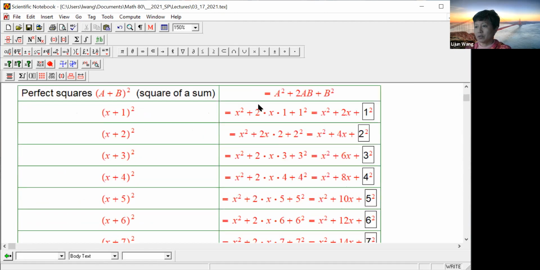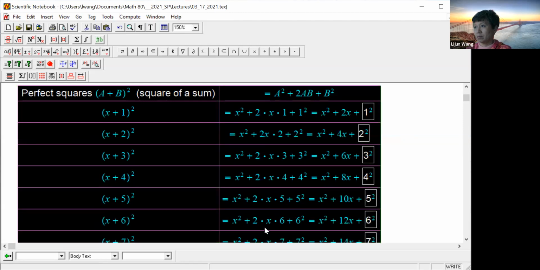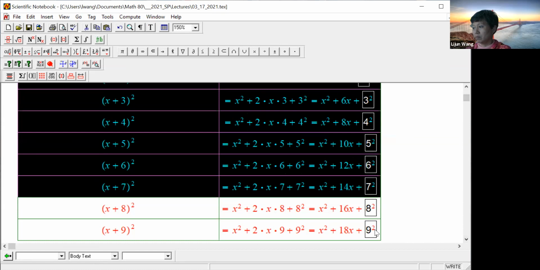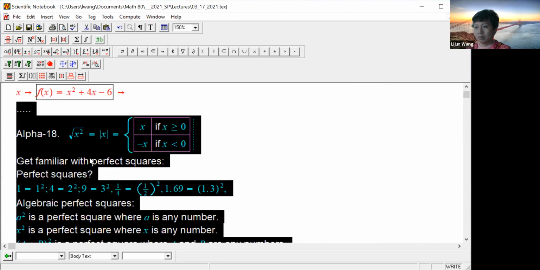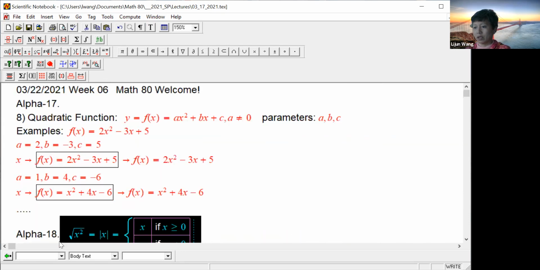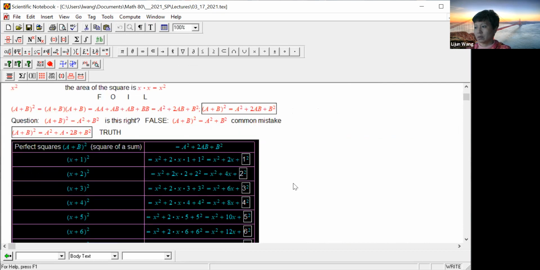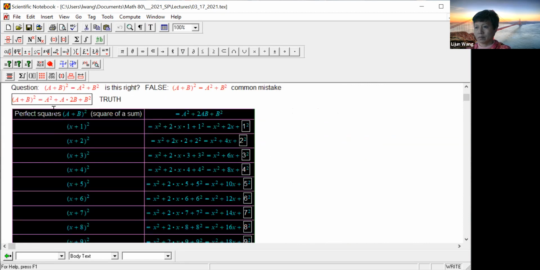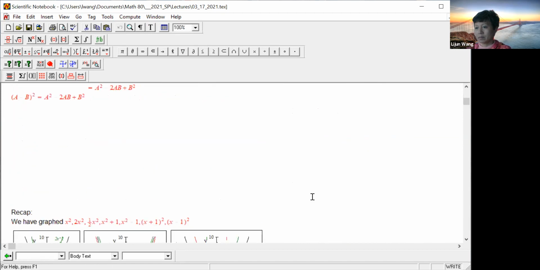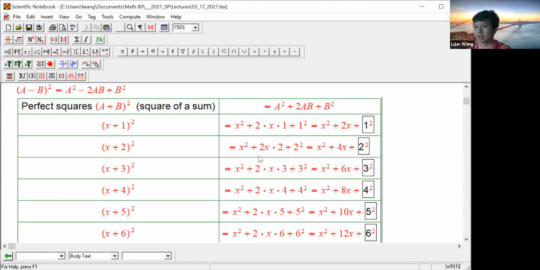So next, I want you to do another table. Oh, sorry, I'm trying to highlight it. Plus turns into minus.